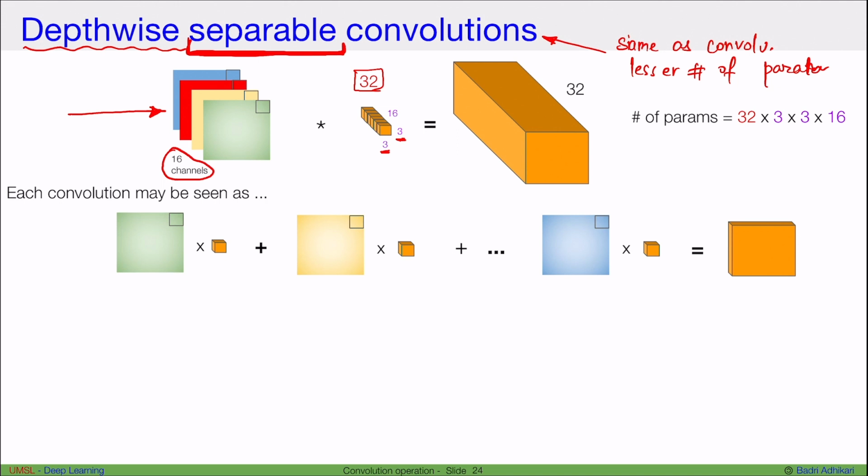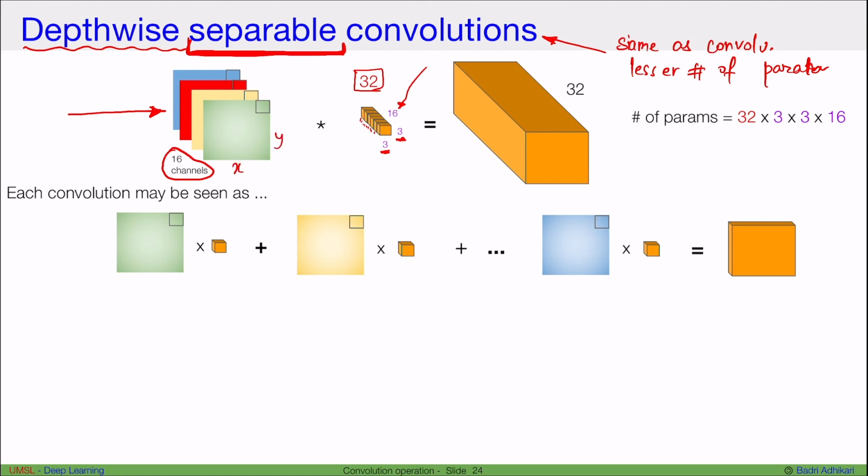I'm specifying 32 3x3 filters, but since the filters automatically adapt to the number of input channels, it understands that each filter must be of depth 16. So I have a 3x3 filter and the depth of the filter is 16.